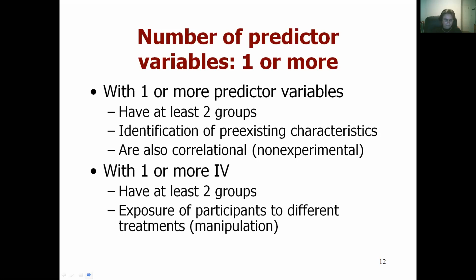If you have whether the person is crossing the street based on characteristics of that person or on something else, again, you will only have these two. So these are pre-existing characteristics of your participants. So there will be two groups, okay?